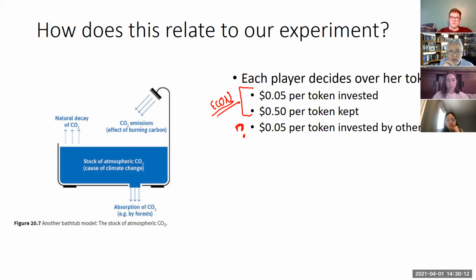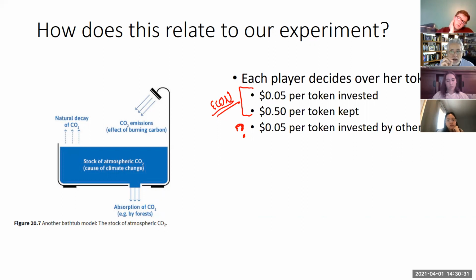But notice, I could reframe the entire game in the following way, and I am not changing in the slightest the material incentives. And what I'm going to say is the following.